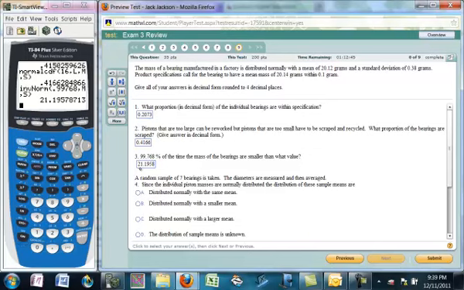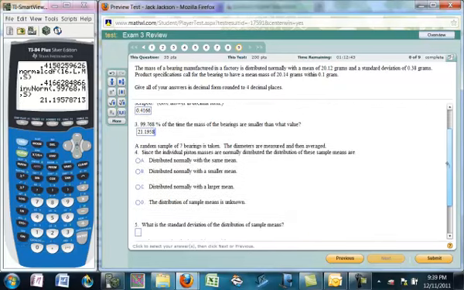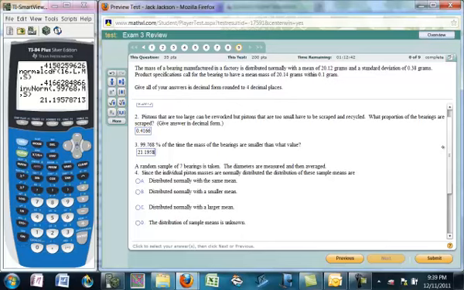Okay, so back up. An inverse norm is when you have the cumulative probability, and it'll give you the value of your random variable x, which in this case is the mass of a bearing. A random sample of 7 bearings is taken. The diameters are measured and then averaged.